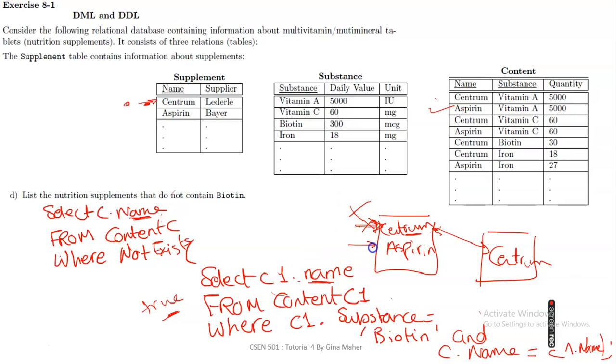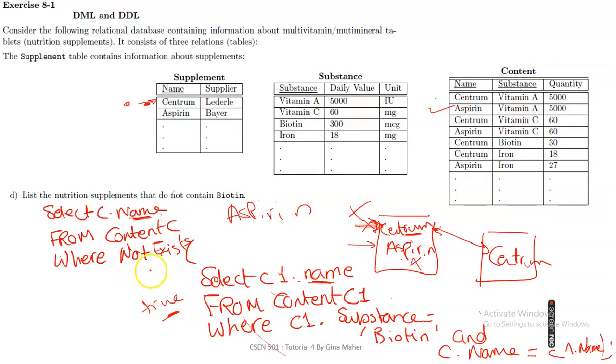Let's move to the next one, aspirin. Let's check here, c1.substance equals biotin. Does this aspirin have biotin? No. c1.name equals c.name, which is Centrum? No. So this one will return false. With NOT EXISTS, since this returns false, the C.name will be returned in this case, which is aspirin.